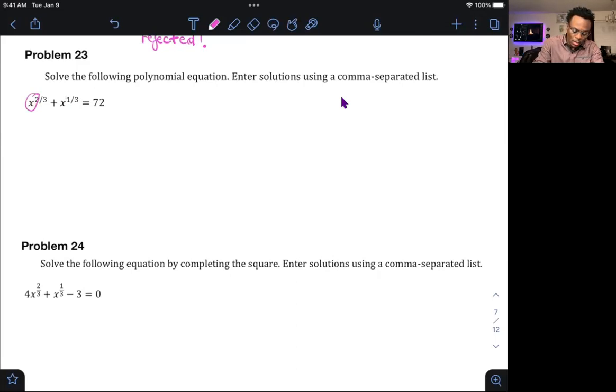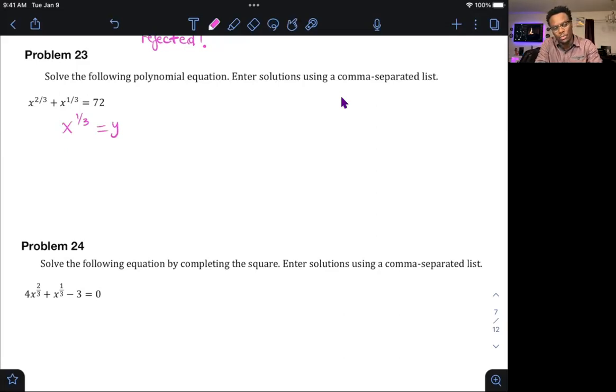And then instead of x exponent 1, we have an x with an exponent 1/3. Now, I think the change of variable that will allow us to find the regular quadratic equation that we use to solve would be if we call x exponent 1/3 equals y, for example.